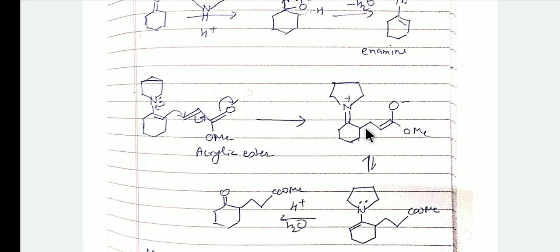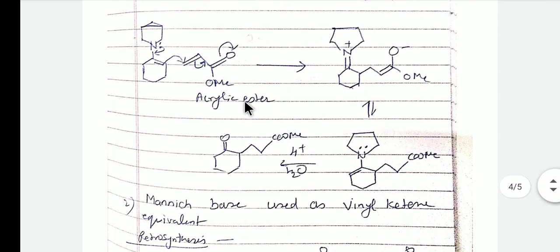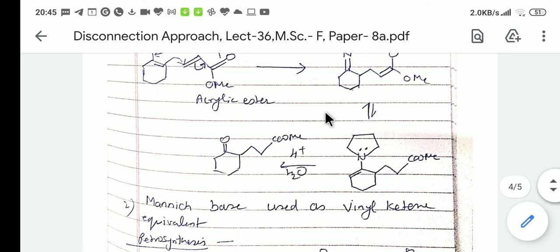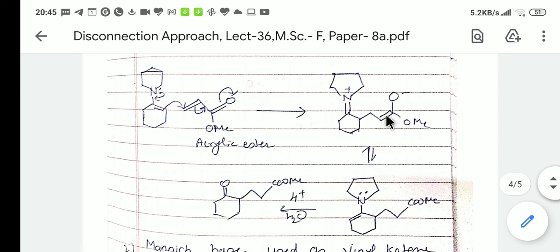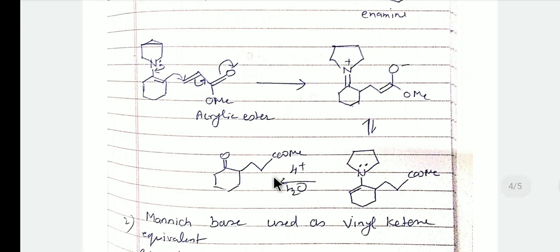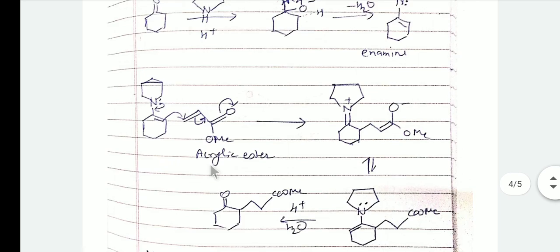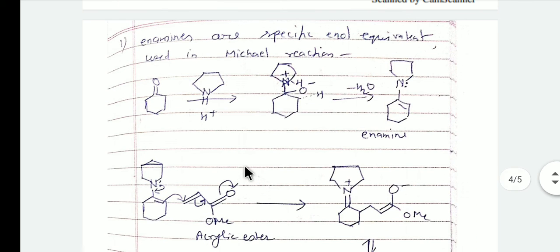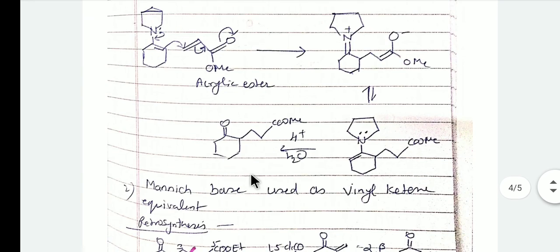This bond is formed by this negatively and this positively charged carbon atom. So this compound can also be represented by this compound, and on hydrolysis this compound is converted into this compound. So enamines are specific enol equivalents used in the Michael reaction.